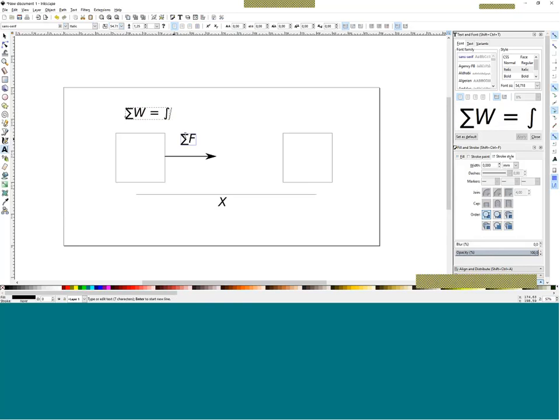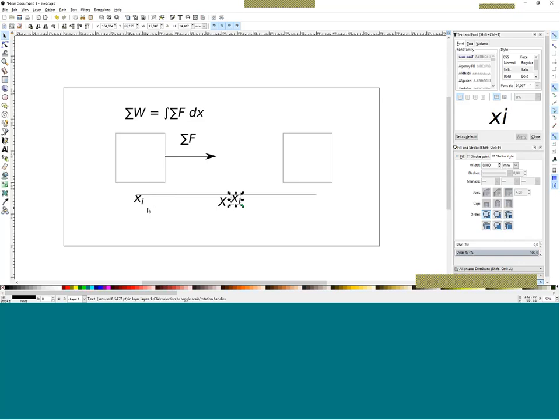As the sum of forces over this dx, from x initial, subscript i, and here we're ending at x final.